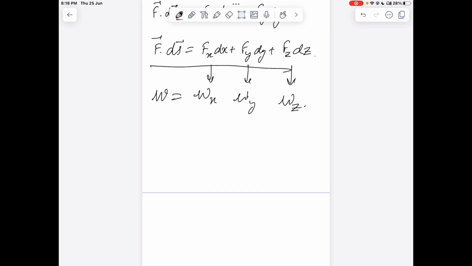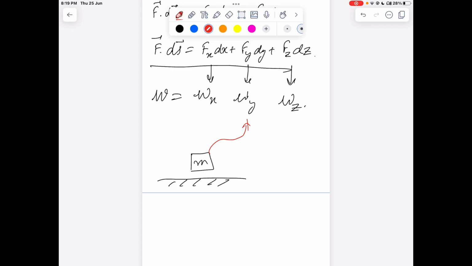So let's say we have a body which undergoes displacement to this point. And let's say the force that's acting on the body consists of Fx in this direction and Fy in this direction.